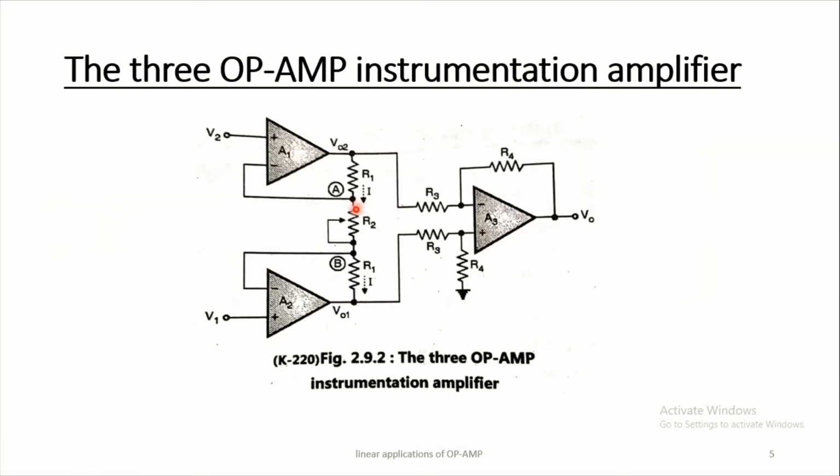Here the VA voltage is directly equal to this voltage V2, and VB, the voltage at node B, is directly equal to this voltage V1. So here we can write VA is equal to V2 and VB is equal to V1.